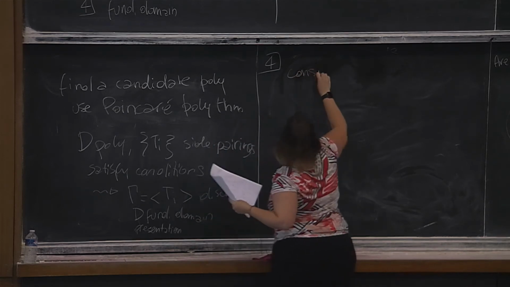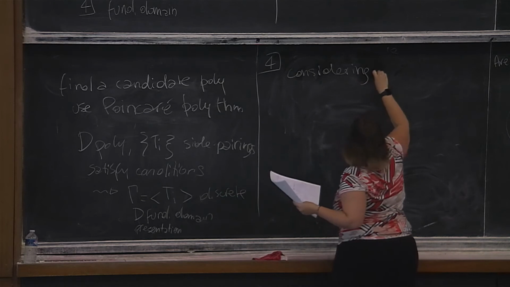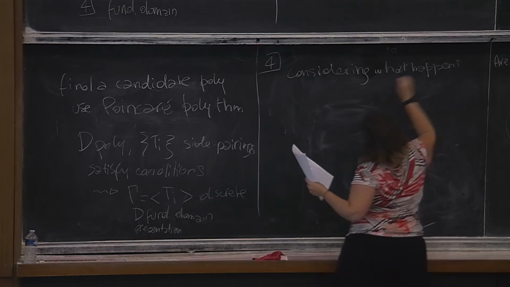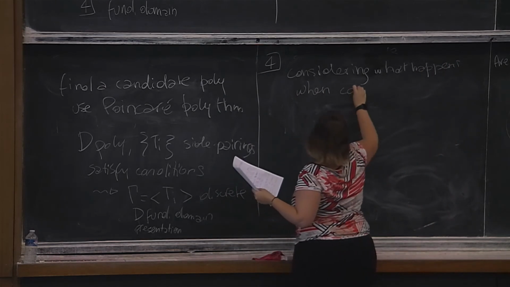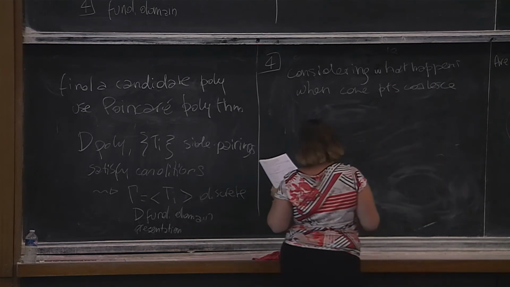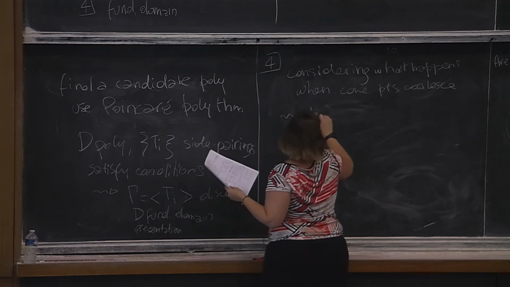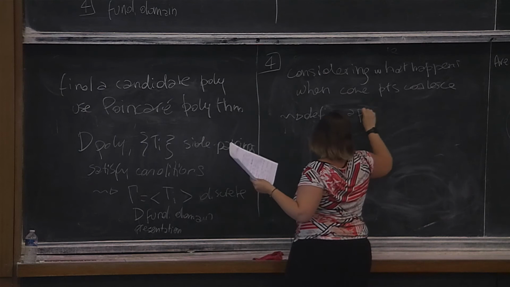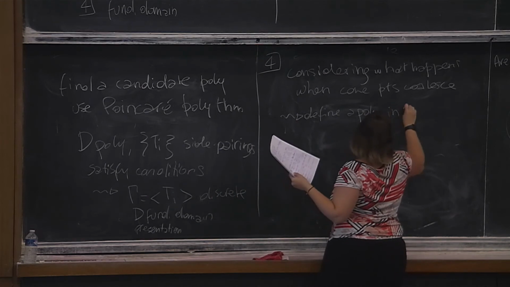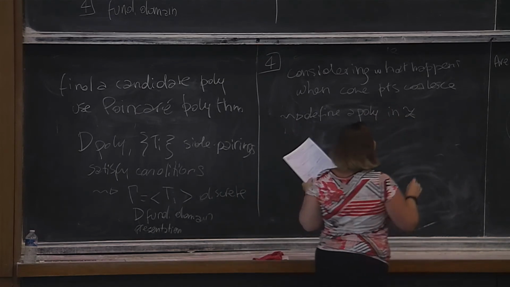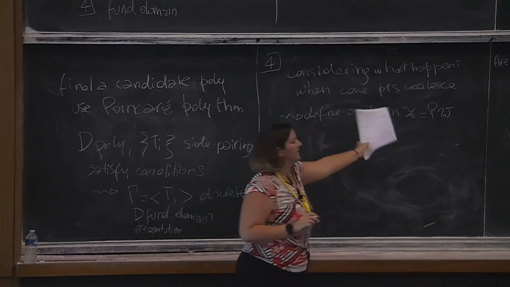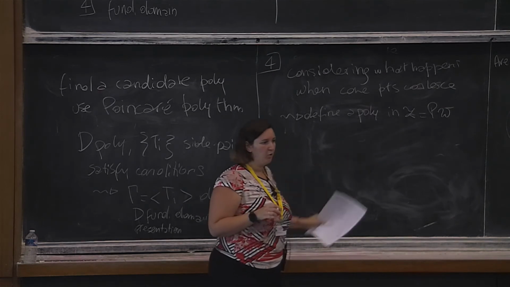So considering what happens when cone points coalesce, we get to define a polyhedron that is very nice in our coordinates. And so in coordinate Z, and we will need another set of coordinates, that will be a certain matrix that I will explain in a moment what it is.